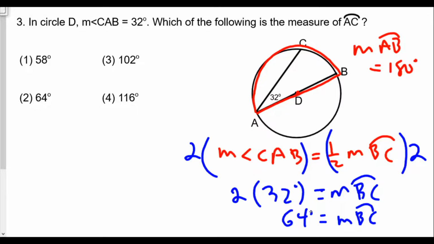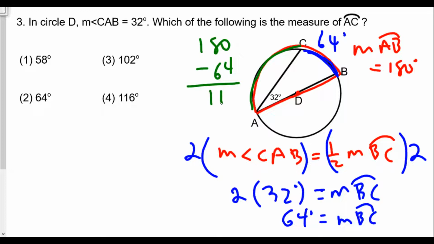And so before we circle 64, we're not looking for that measure though. The measure of arc CB, this arc, is 64 degrees, but we're now asked to find the measure of arc AC. And arc AC is this measurement here, which we'll find out by doing 180 minus 64. And that'll be 116 degrees. So the answer for number 3 would be the measure of arc AC.